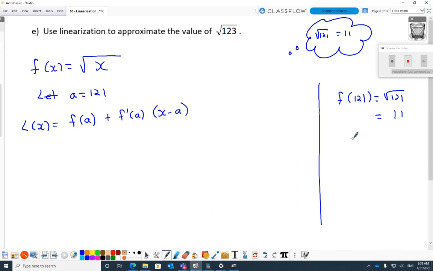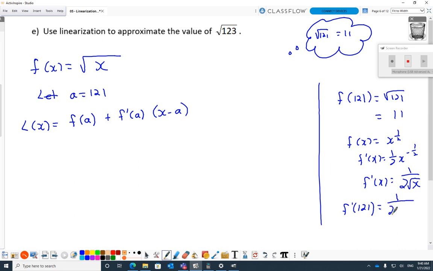So f at x equals root x. So x to the 1/2. F prime at x equals 1/2 x to the negative 1/2. F prime at x equals 1 over 2 root x. There's my derivative, and I want to find that derivative at 121. And more good news comes up. Because I chose a clever a value of 121, that I could take the square root of, when I run into it here, I get a nice derivative, a pretty nice derivative.